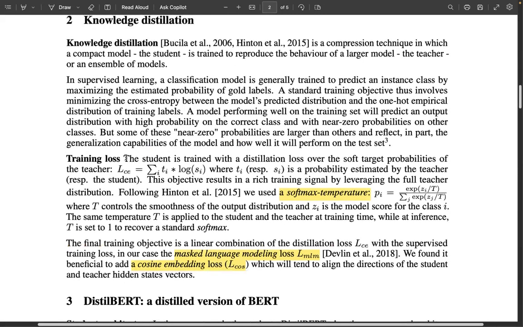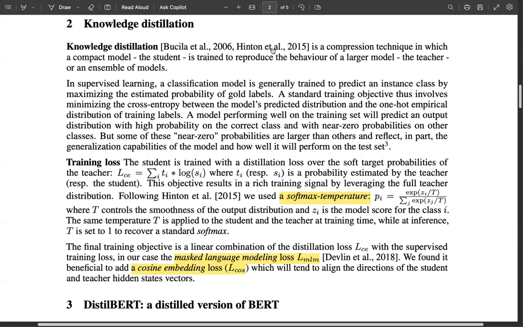Because this is distillation, we have to have a model that comes from the larger one, which we call the teacher, and the compact one, which we call the student. For today, we do only classification models, which is quite easy.